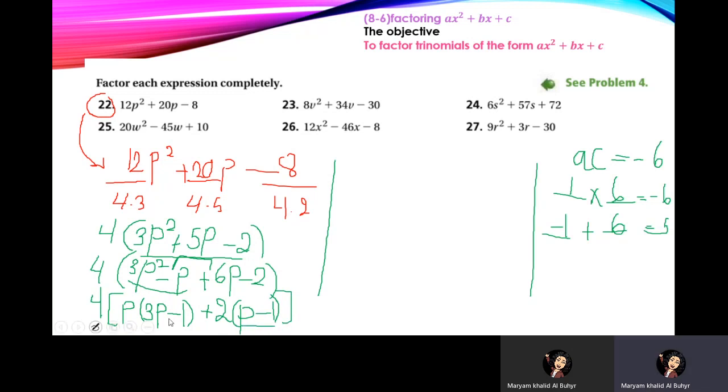These are exactly the same. So the remaining is 4 times 3p. Sorry, I forgot to write the 3 here. 3p minus 1 times p plus 2. That's for this part.